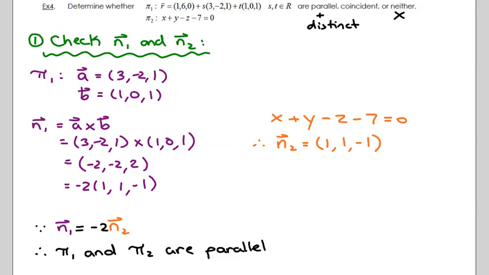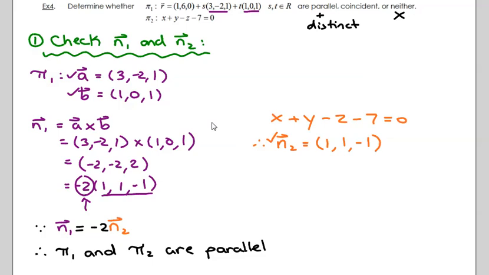So going into plane number 1, what I'm going to do is check both of the direction vectors. Once I have the direction vectors, I can then find the normal vector, which is this guy right here, nice and reduced, because I pulled out that common factor. So it's nice and small. Then I'm going to compare it to the normal vector of plane 2.